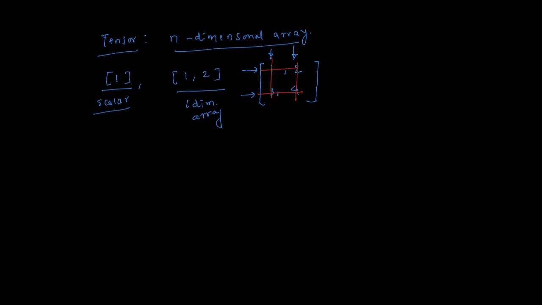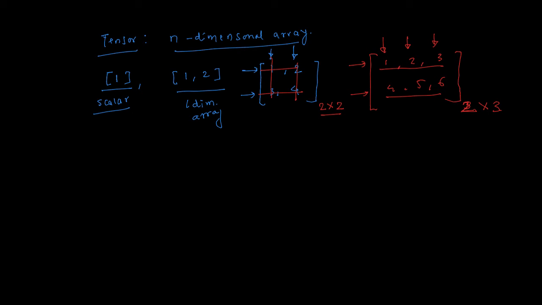There are two rows and two columns, so its dimensions are 2 by 2. It's a 2D array. If I have a matrix like 1, 2, 3, 4, 5, 6, it contains two rows and three columns, so its dimensions are 2 by 3.